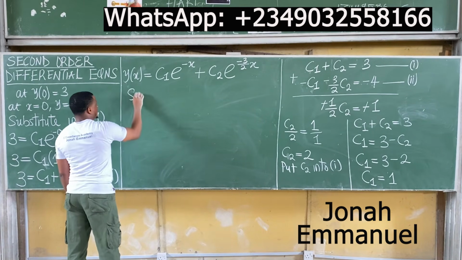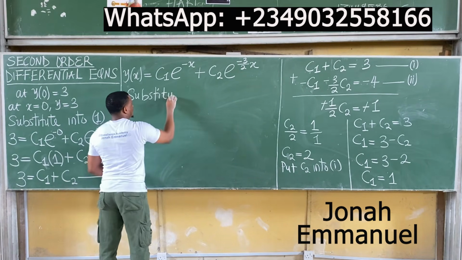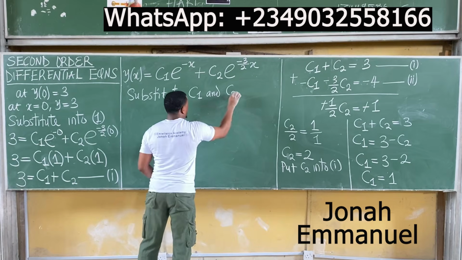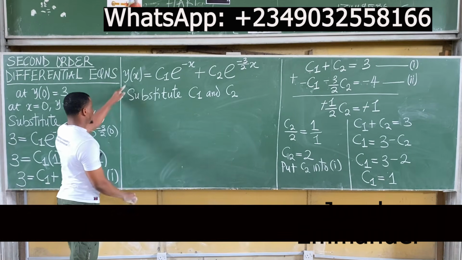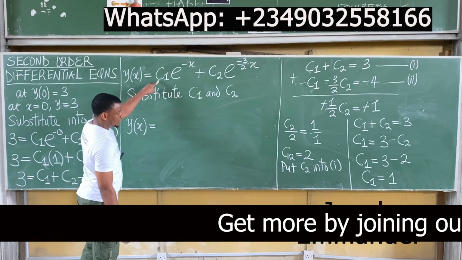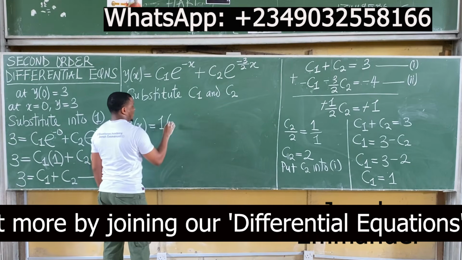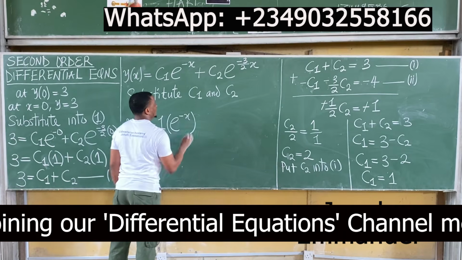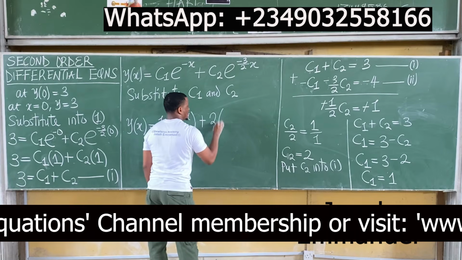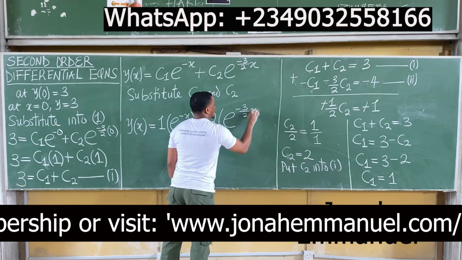Let's put the value of C1 and C2. So substitute C1 and C2. What do we have there? We have that y of x is equal to C1, which is 1, times exponential minus x plus C2, which is 2, times exponential minus 3 over 2x.